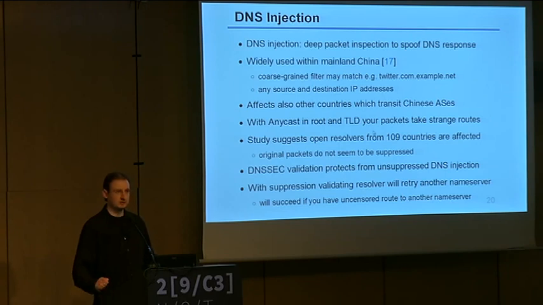But if you're around China, in one of these countries that may route through China, you will have a chance to throw away the spoof response and to ask another name server from the set of name servers. Because there's a redundant set of name servers for the root zone, and a redundant set of name servers for the top-level domains. So when you get a censored response, you can try another one and maybe you're lucky. So DNSSEC may reduce the harm that is done by this censorship method.